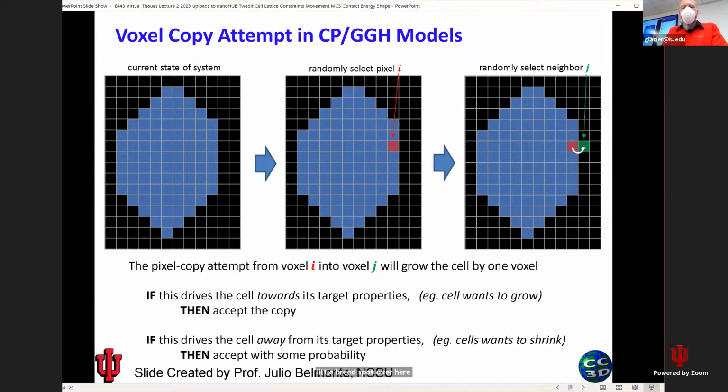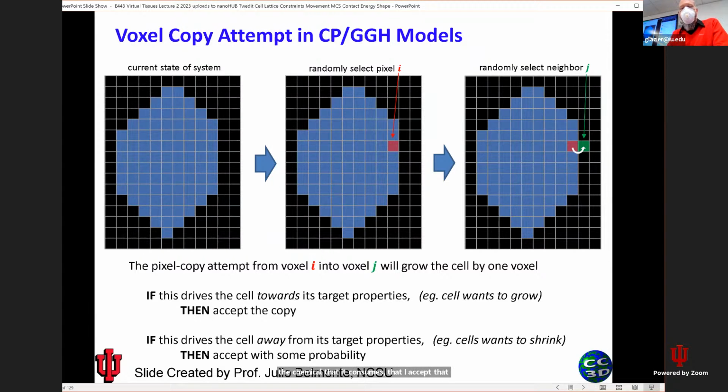And I'm going to have a set of rules that say, if making this change causes the cell to get closer to the things that I've defined as targets for the cell, for example, the volume of the cell is closer to its target, the position of the cell is closer to a source of the chemical that it consumes, then I accept that update.